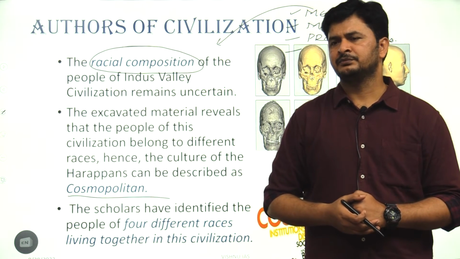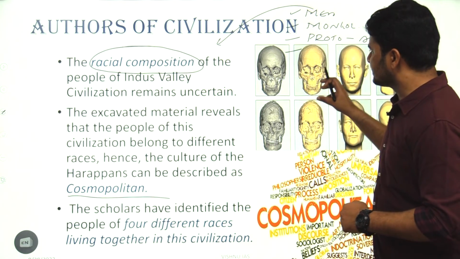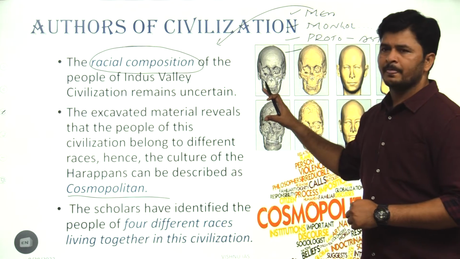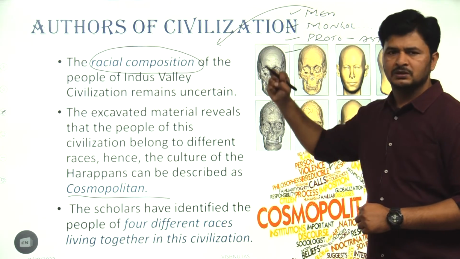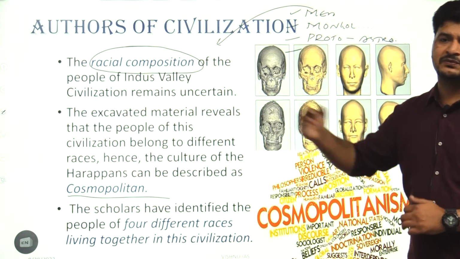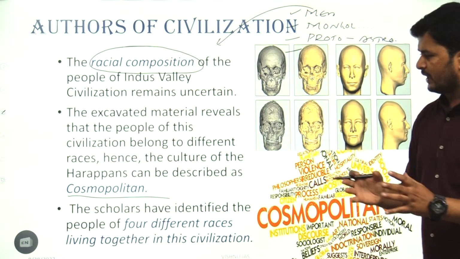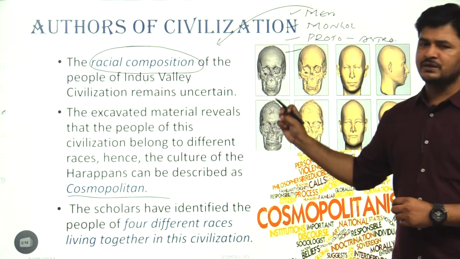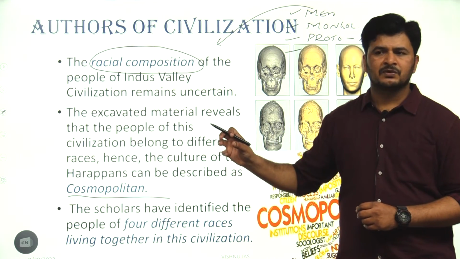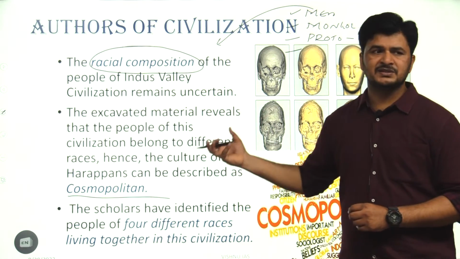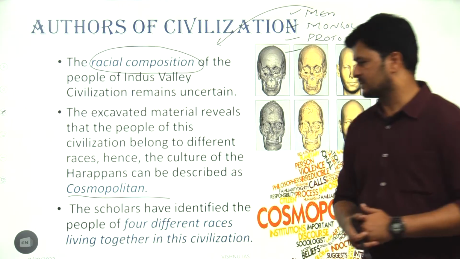So the physical features of the respective people forced the scholars to demarcate the respective races. In simple terms, Indus Valley civilization was called cosmopolitan because various races existed in it.